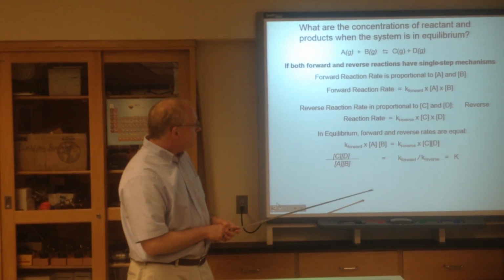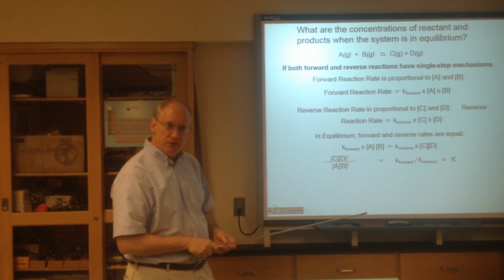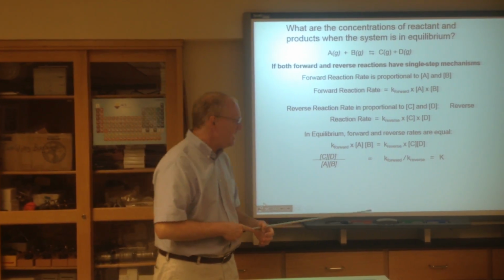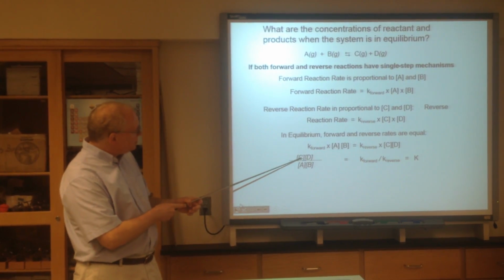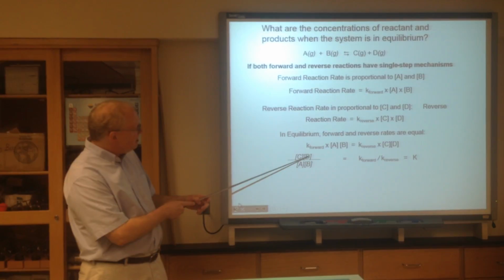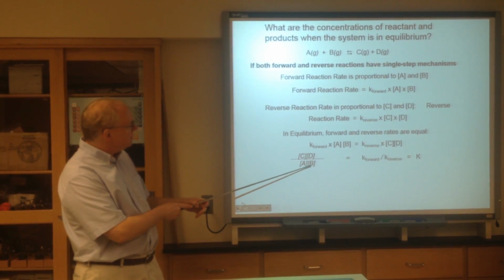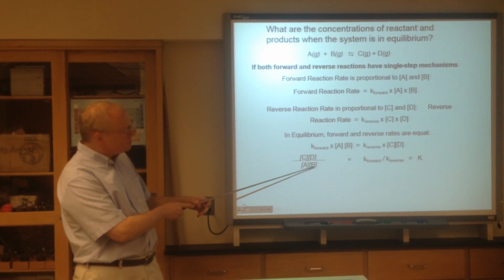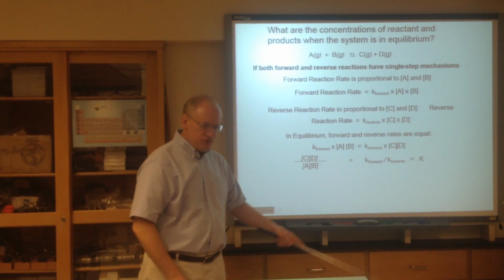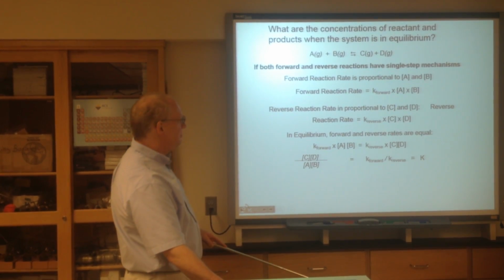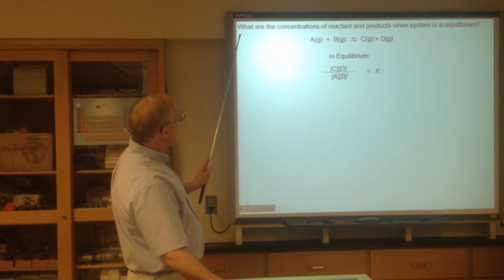So in equilibrium, when the forward and reverse reaction rates are the same, it must be true that this number, the product of the concentrations of C times D divided by the product of the concentrations of A times B, has to be equal to a constant. Okay?